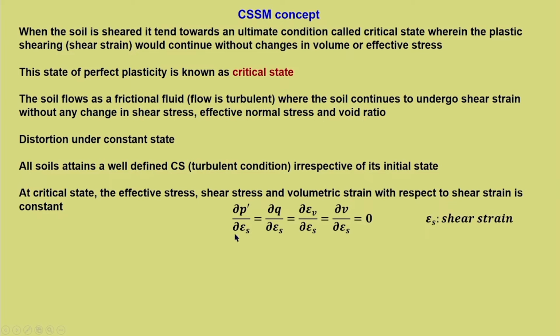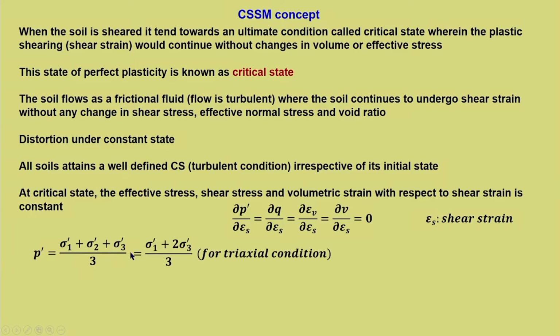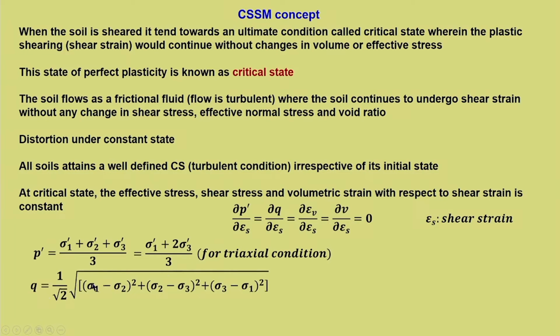Just for completeness I am adding, we have studied this: p' is (σ1' + σ2' + σ3')/3, and for triaxial condition it is (σ1' + 2σ3')/3. q, the general expression for deviatoric stress, for triaxial condition is σ1 minus σ3, and specific volume v is equal to 1 plus e.